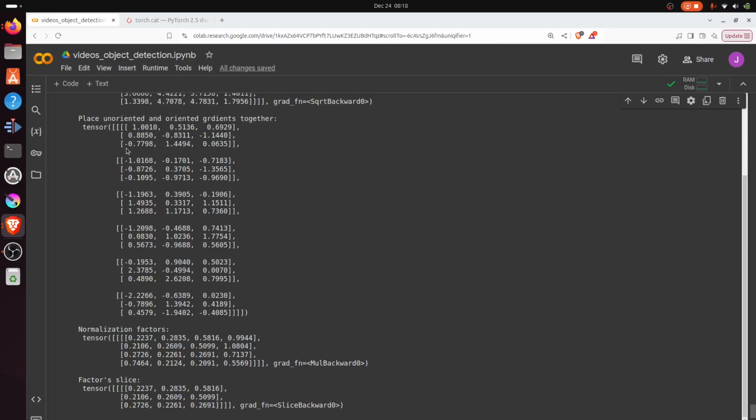Why? Because we have a bunch of 3 by 3 blocks, while here we have a 4 by 4. So we need to be multiplying all these blocks by 3 by 3 as well, otherwise it's not going to work. That is why we want to take blocks of 3 by 3 to then apply them to this concatenated tensor containing both unoriented and oriented gradients.